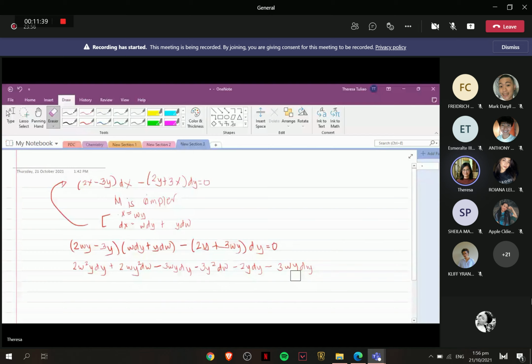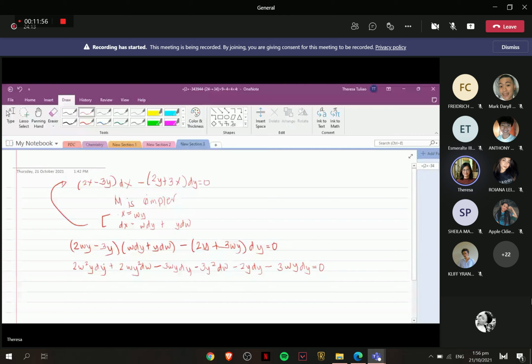Okay, so after distributing, we are now going to arrange terms in terms of their differential. So, meron tayong dalawang differential dito. We have dy and dw.